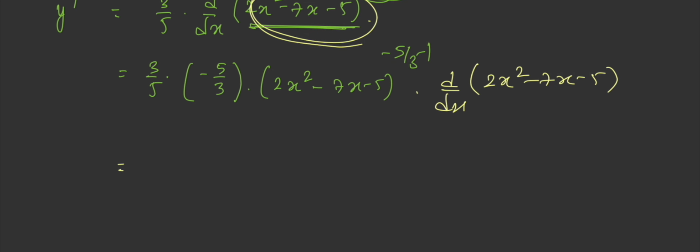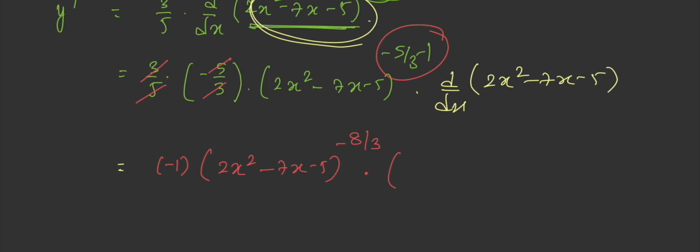So let's write our final result. If you see, this gets cancelled, this gets cancelled, so you are left with minus 1 over here. 2x square minus 7x minus 5 raised to, what will be minus 5 by 3 minus 1? That will be minus 8 by 3, times. Now since these terms are in subtraction, we can directly differentiate, because differentiation is a linear operator.